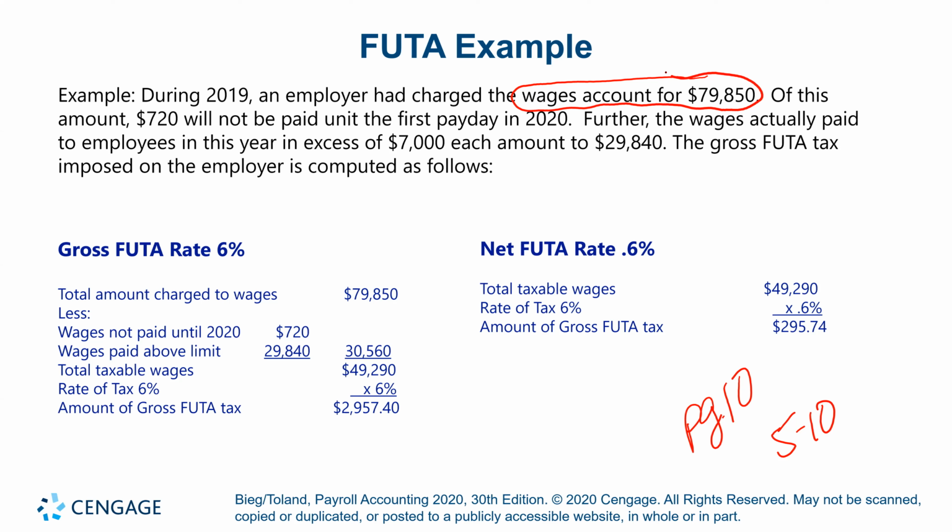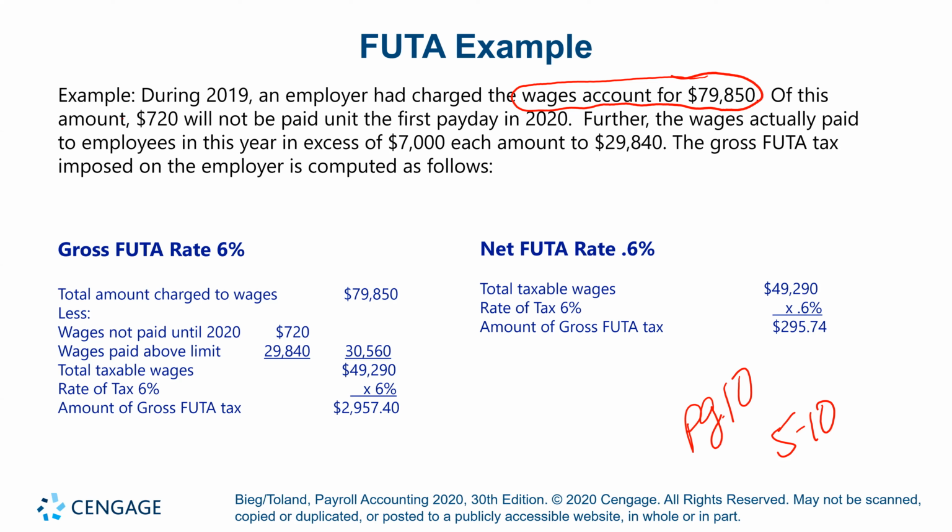Wages are considered constructively paid when credited to the account of or set apart for an employee so that they may be drawn upon at any time, even though the funds are not actually possessed by the employee. Basically, we've given the employee the paycheck, the funds are set aside, it's been constructively paid. So we do not pay unemployment taxes until the wages have been constructively paid.